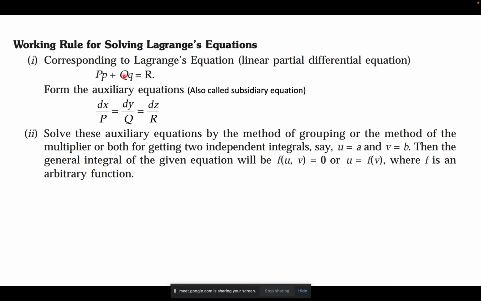So you will have some Q, which is again a function of x and y, and then a partial derivative of z with respect to y, and on the right hand side some function. You first write the auxiliary equations of the given equation. Auxiliary equations are also called subsidiary equations. So you simply write dx by P is equal to dy by Q is equal to dz by R. Now this is a set of three equations, right?